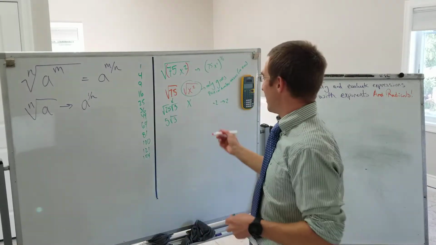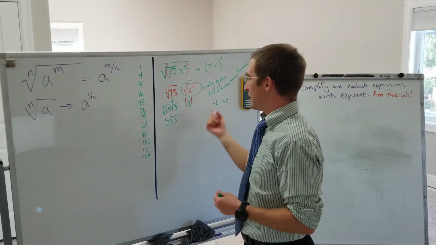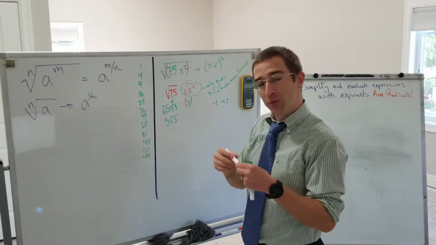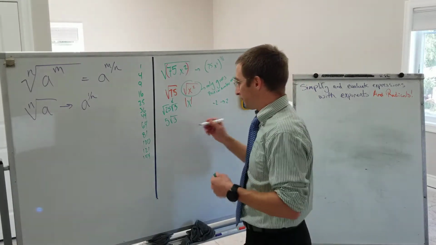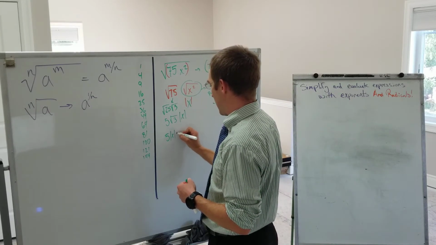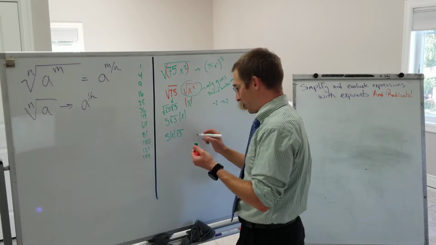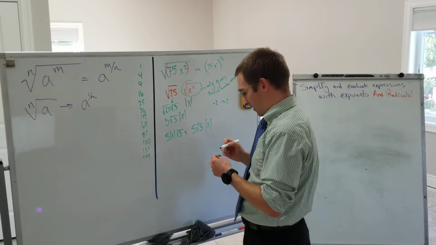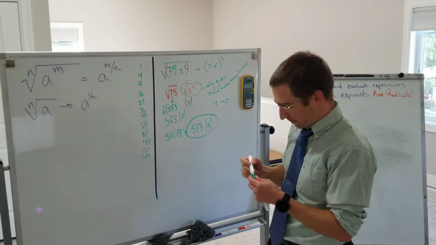Absolute value. So here, the square root of something squared is the absolute value of that thing. So here I have 5 absolute value x times the square root of 3, or you write it as 5 root 3 times the absolute value of x. That would be our answer there.